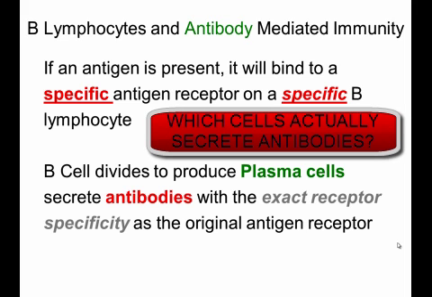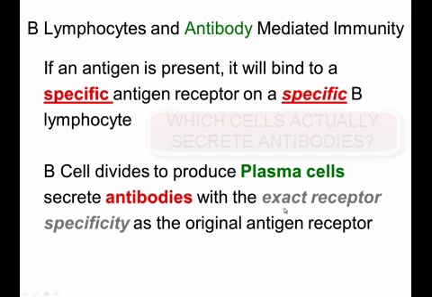These plasma cells secrete antibodies, which are proteins, but the neat trick is these antibodies have the exact receptor specificity as the original receptor that was activated on the B cell.